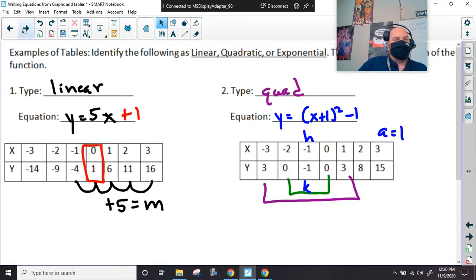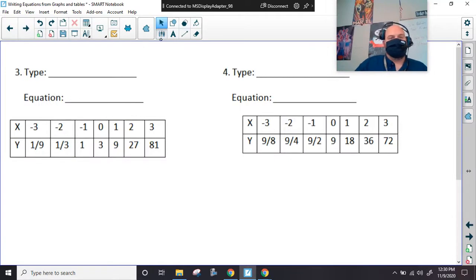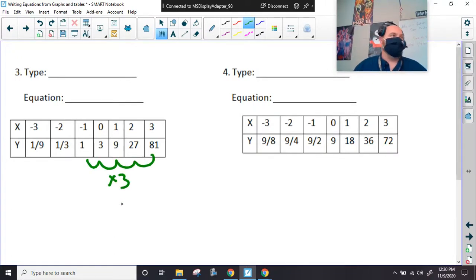All right. So let's look at this. What the heck is happening down here with these y values? They are multiplying by 3. When they multiply by 3, this means that this is an exponential. Okay.